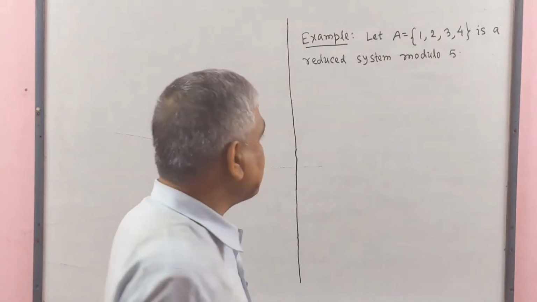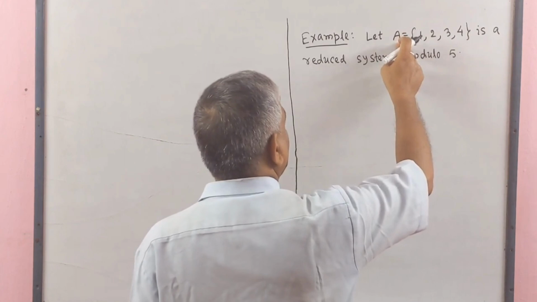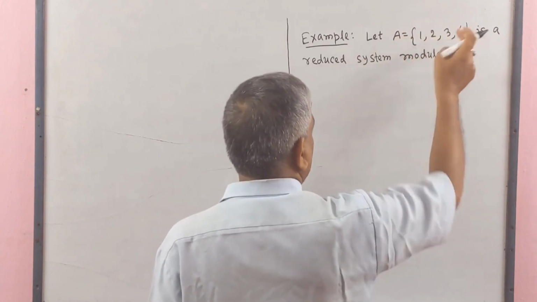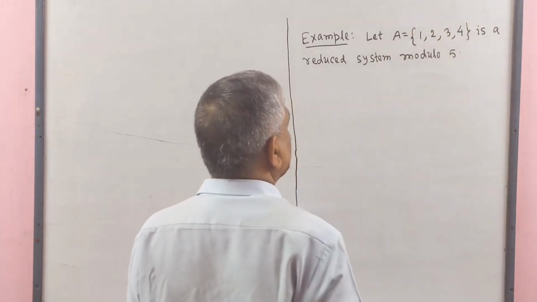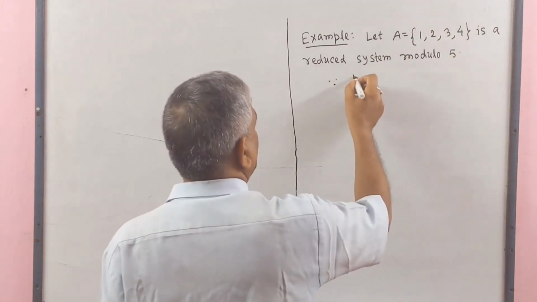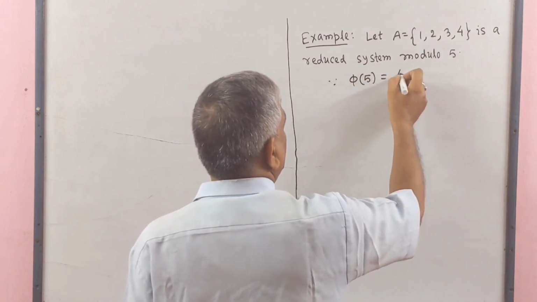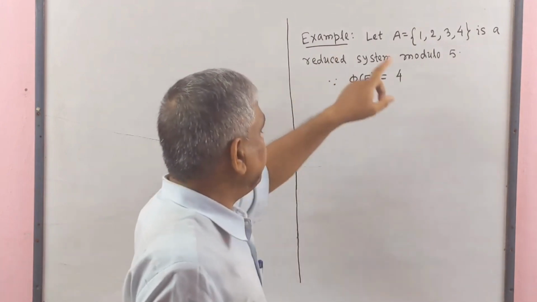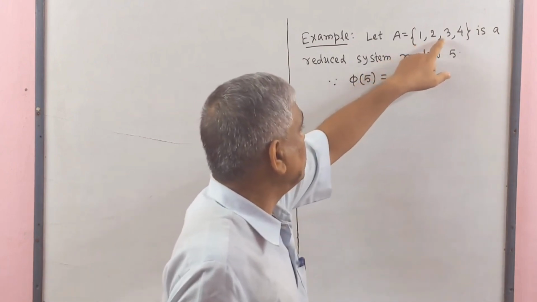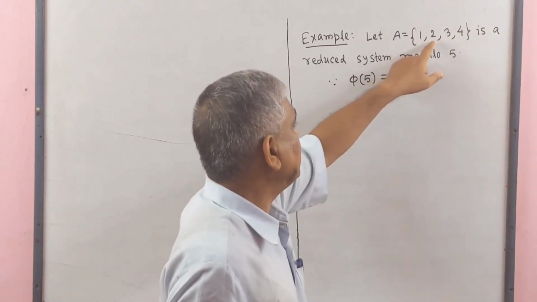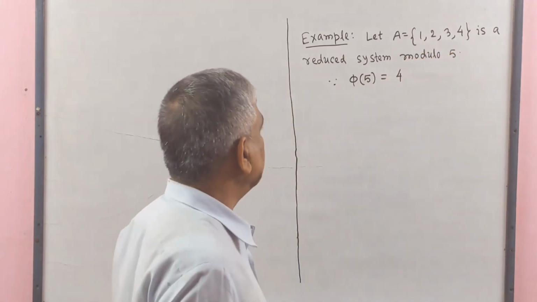Now we give an example. Let A be a set containing integers 1, 2, 3, 4. This is a reduced system modulo 5. Since phi 5 equal to 4, the positive integers not exceeding 5 and relatively prime to 5 are 1, 2, 3, 4.